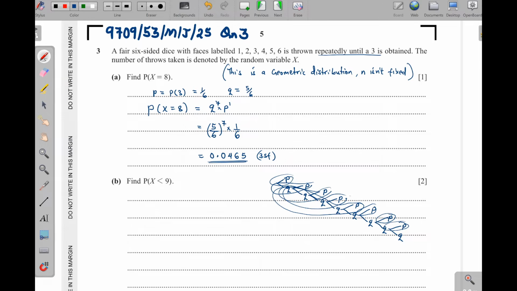All of these ones added together. But do you realize that there is one root that we have not taken into account? This one here, only the Q's. So since total probability is 1, then I will say 1 minus these Q's which are left. So probability of x less than 9 is going to be equal to 1 minus Q power 8.